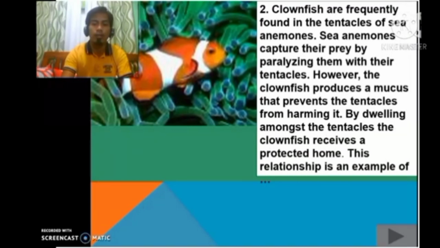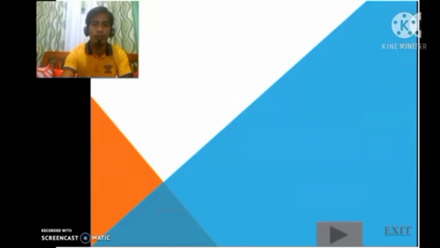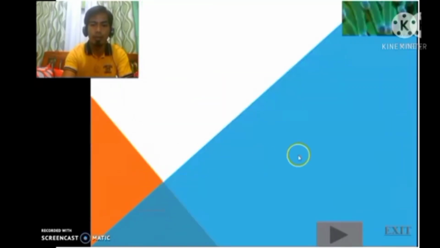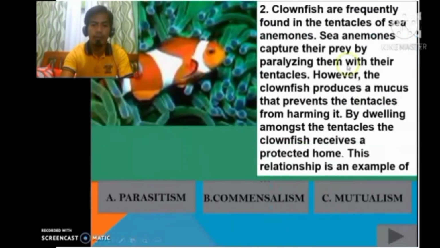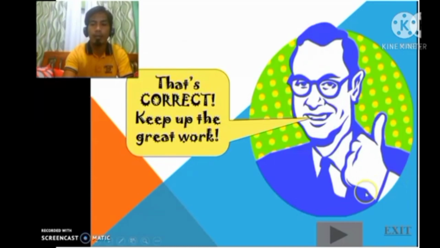This relationship is an example of A. Parasitism, B. Commensalism, or C. Mutualism. Okay, so let us see your answer. Is this commensalism? Correct. The answer is commensalism.